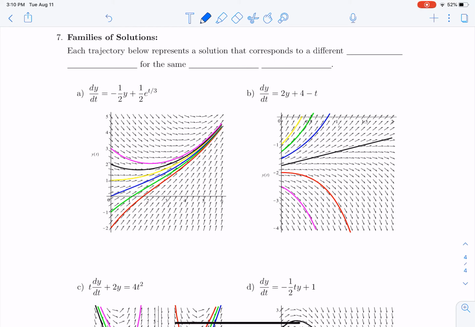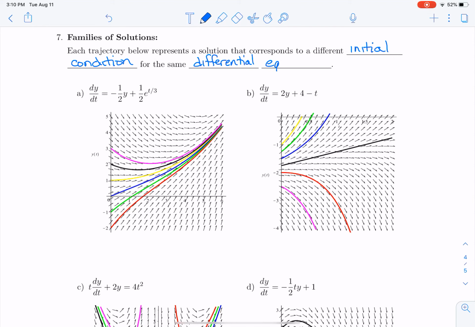And that's because each one of the solutions will correspond to a different initial condition. So each one of the solutions that you see in some of these graphs that I have for you corresponds to a different initial condition, but it's the same differential equation.